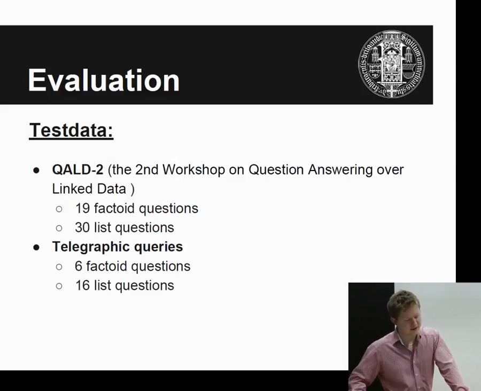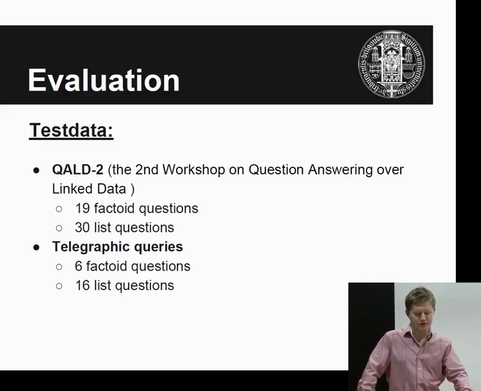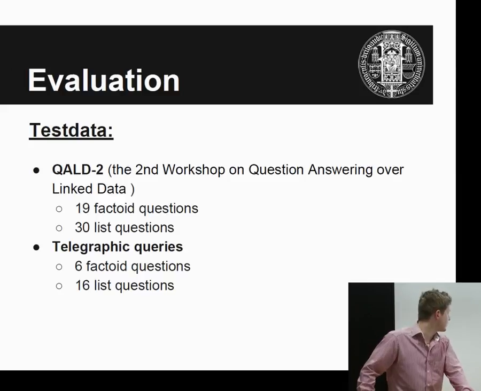As test data, they used QALD-2, the second workshop on question answering over linked data. They took just 19 factoid questions and 13 list questions. Also, they experimented with some telegraphic queries.